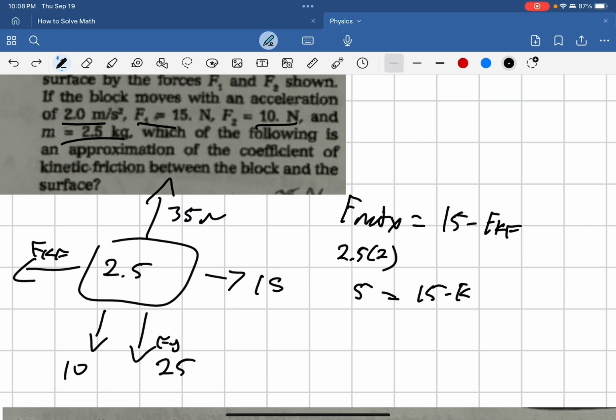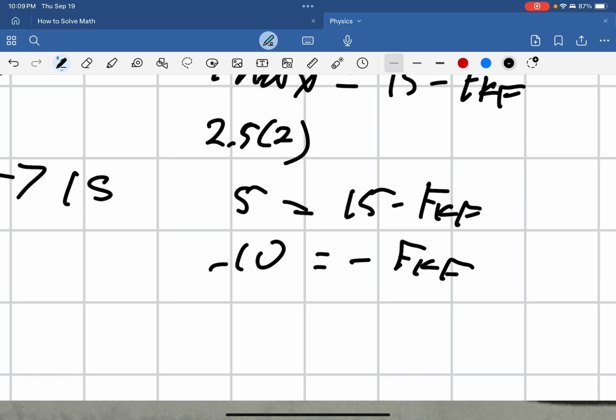Oh my god, I'm messing up so much. Then we subtract that, and it's going to be negative 10 is equal to negative Fk. Now we write this down in simpler terms: negative 10 is equal to negative mu k of 2.5.